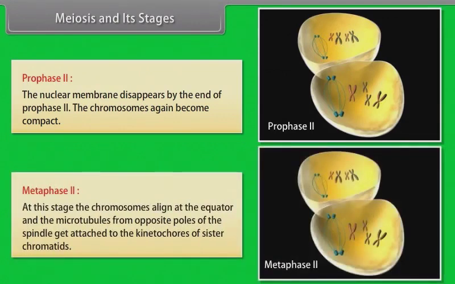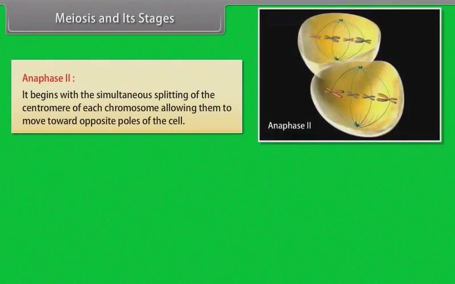At this stage, the chromosomes align at the equator, and the microtubules from opposite poles of the spindle get attached to the kinetochores of sister chromatids. Similar to mitosis, metaphase II is followed by anaphase II. Anaphase II begins with the simultaneous splitting of the centromere of each chromosome, allowing them to move toward opposite poles of the cell.